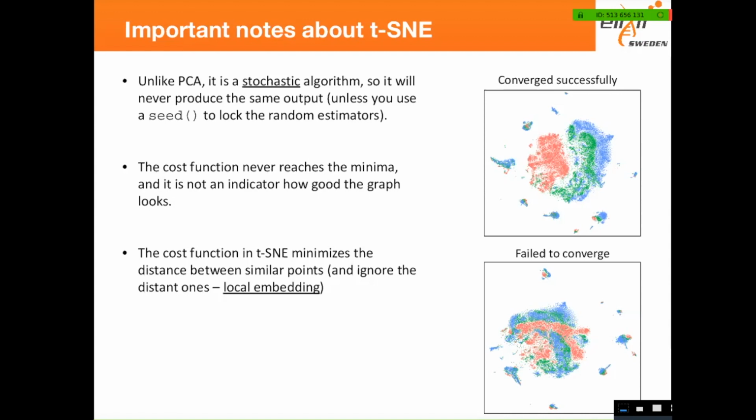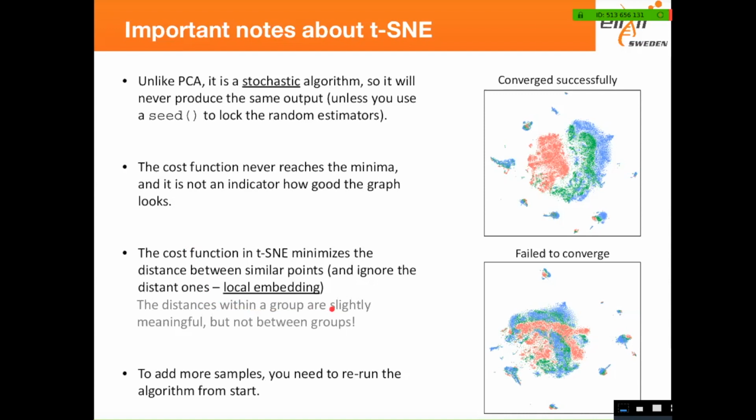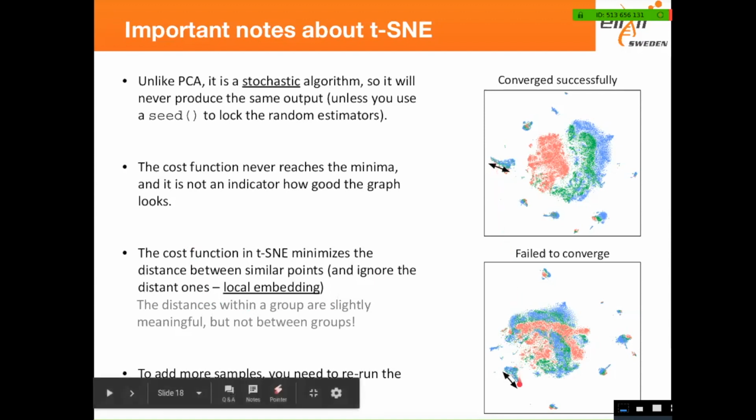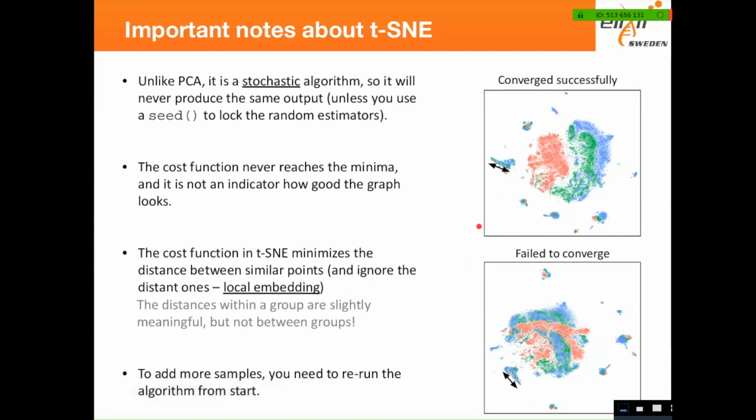So the cost function actually minimizes the local embedding. Now I'm going to start talking about local and global embedding. What do I mean by that? The distances between groups are only slightly meaningful. For example, if you picture this cluster here, you have this pointy shape here, and you also have this pointy shape here. So in two different embeddings, this structure of the data is conserved between the two runs.